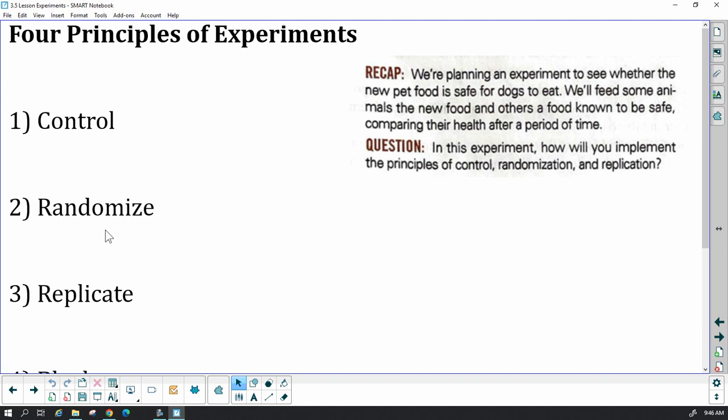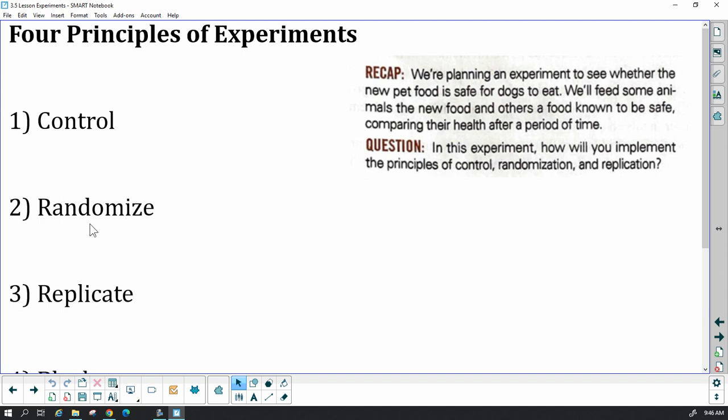We always want to have random sampling when we're sampling. Randomness in an experiment is a bit different. Typically for experiments we need volunteers, and so we're not getting a random sample. But what we can do is randomly assign participants, usually people, maybe in this case animals, to groups.